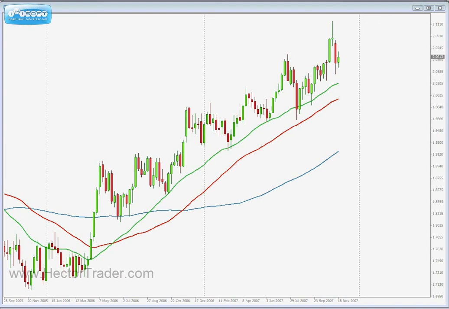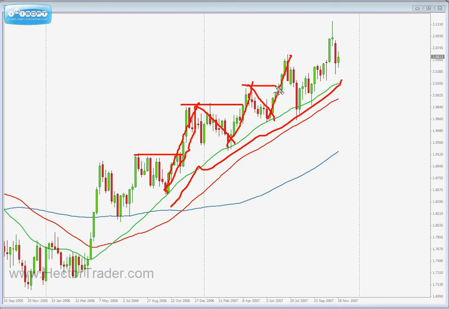Okay, it's always important to make sure that upon every bounce off the dynamic area of support, we score new highs. All right, we breach the previous high, then we have a retracement, we bounce off that area and we score a new high, another retracement, off it goes, scoring new highs.